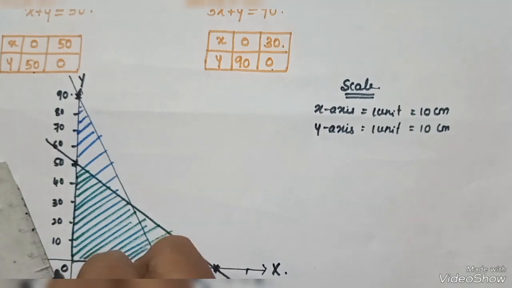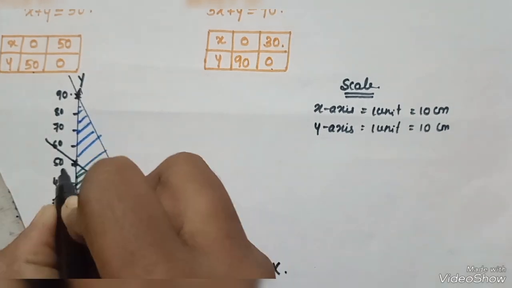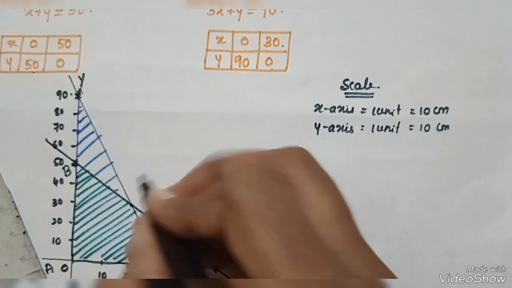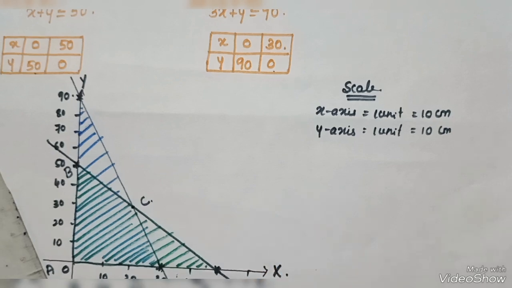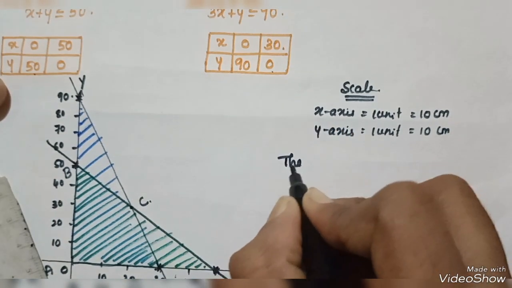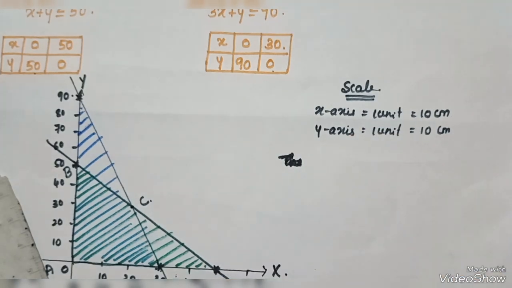Here it is point A, and this is the common region, point B. Here we get the coincident point, that is C, and here D. Here I have to plot the graph.